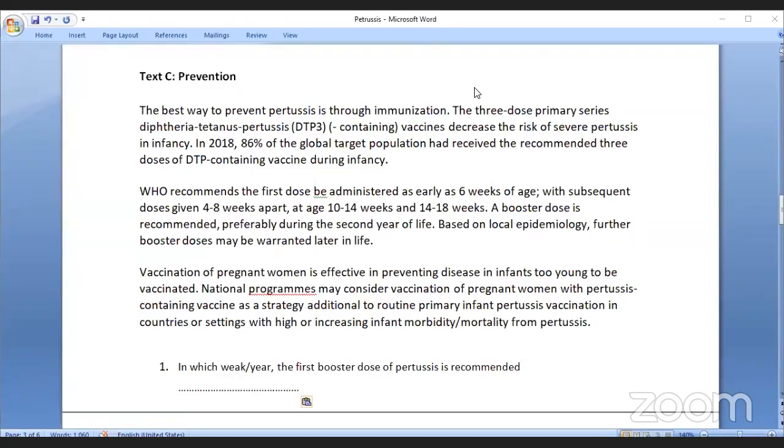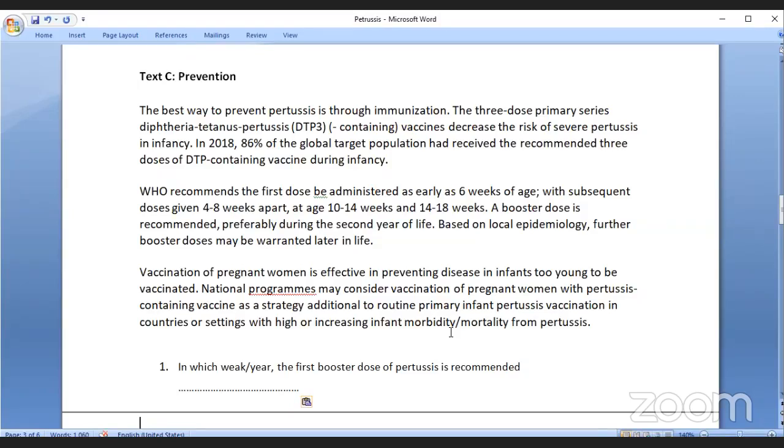It will be second year of life because it's a booster dose. No, I'm asking why 6 weeks. Those who have given the answer 6 weeks, almost 50% of you, I just want to ask why they have given that answer. Sir, this is first dose. This is first booster dose. Okay.